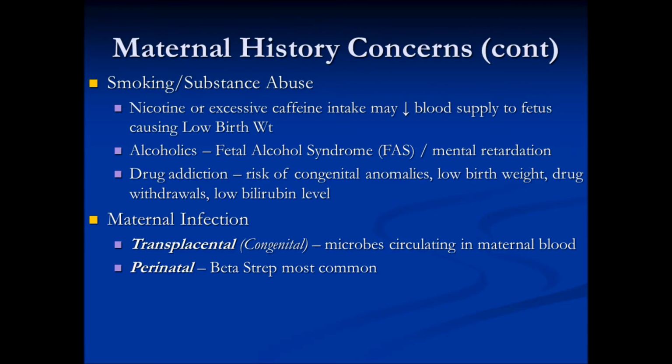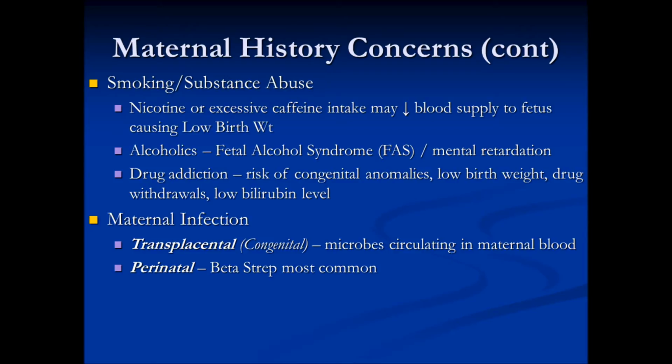Okay, last thing we're going to mention here about the maternal history, go into a little more in depth about smoking and substance abuse. Nicotine or excessive caffeine intake may decrease blood supply to the fetus because, as you know, they are vasoconstrictors, and that will cause the baby to present with low birth weight.